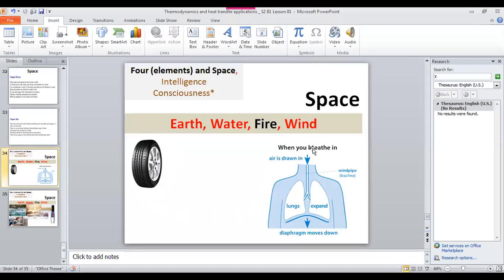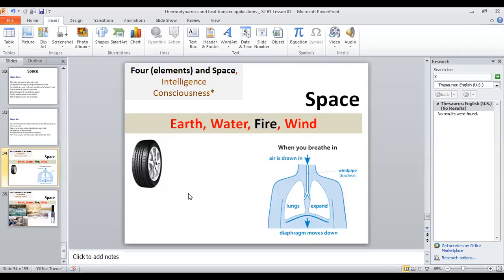When the lungs draw in, breathe in, lungs expand, same way the tire expands to the fullest. Once it reaches the limit, it becomes solidified. So the tire has more earth quality, even though inside is air.